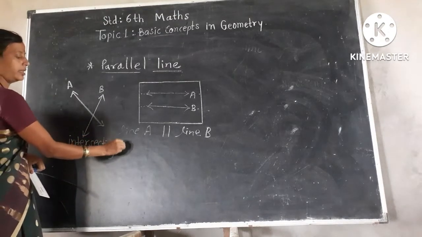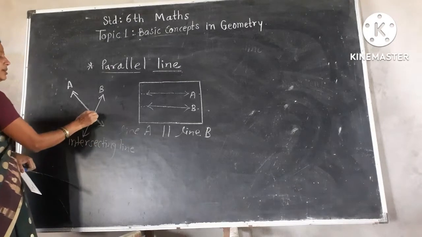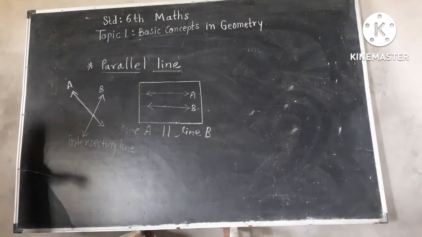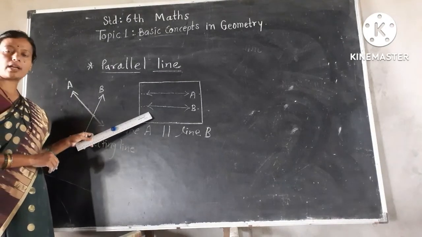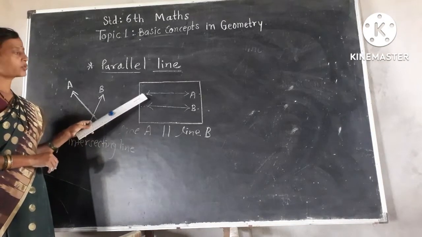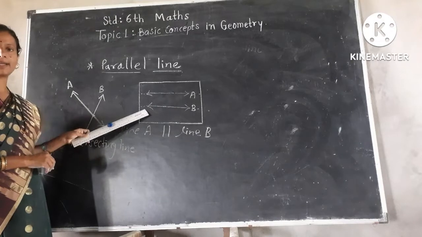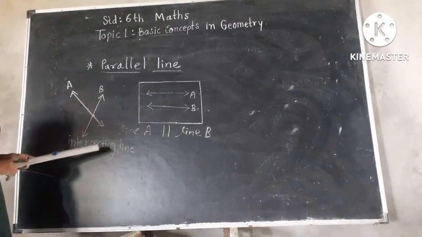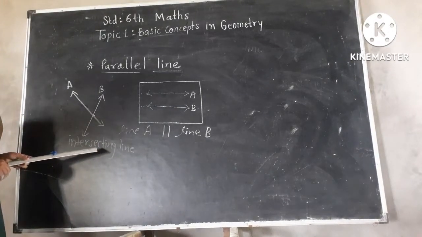Intersecting lines mean they are joined at a point. These lines are parallel lines because they do not intersect each other. And these are intersected, so they are called intersecting lines.